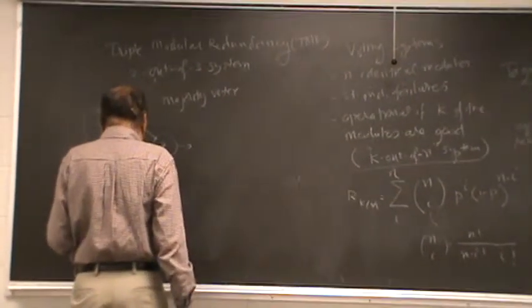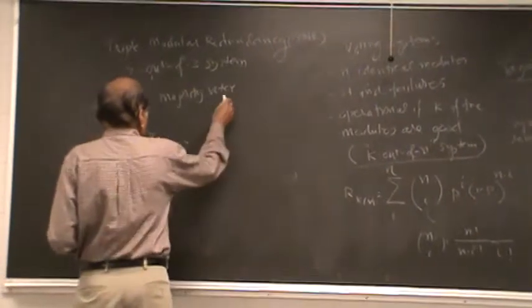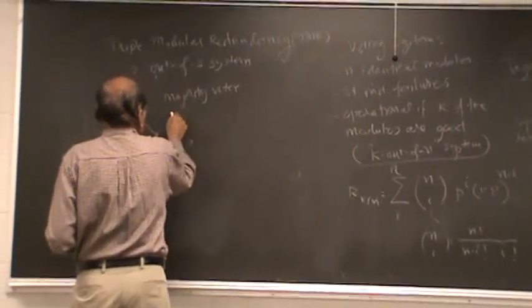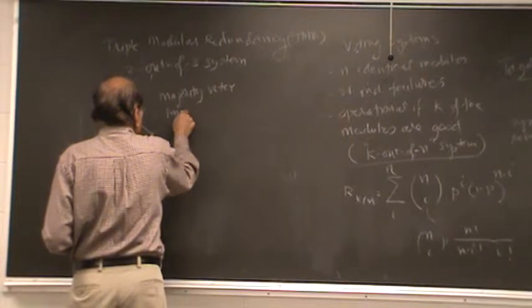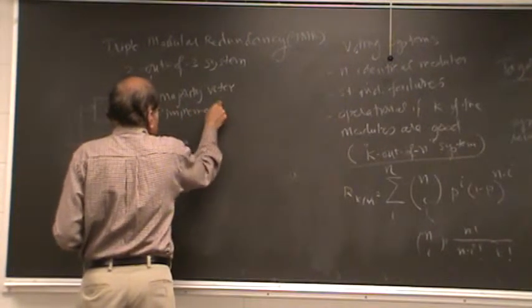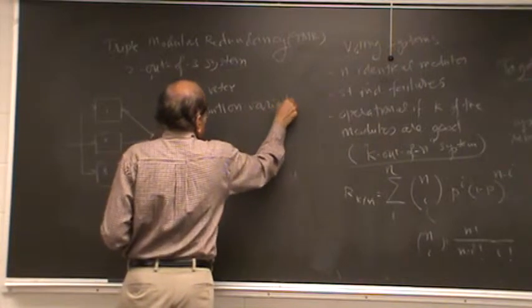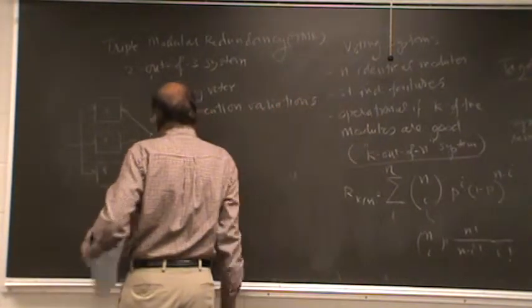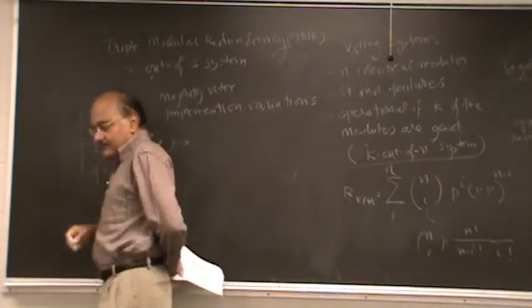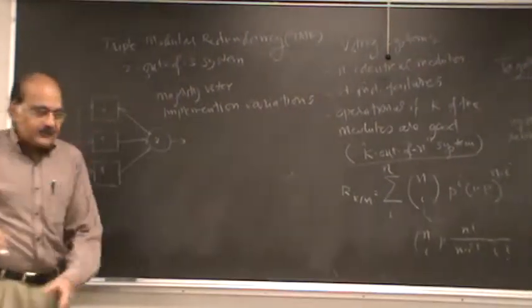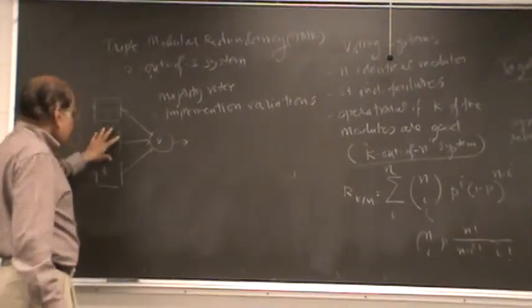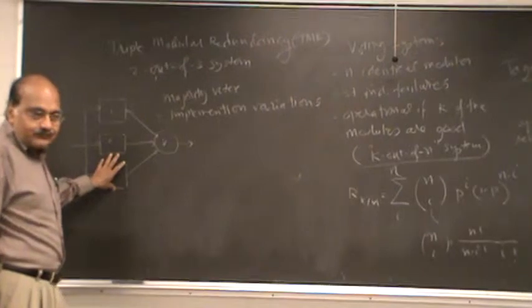And so you have a majority voter, and you have some implementation considerations. There are different ways this has been implemented. For example, this could be a processor, another processor.